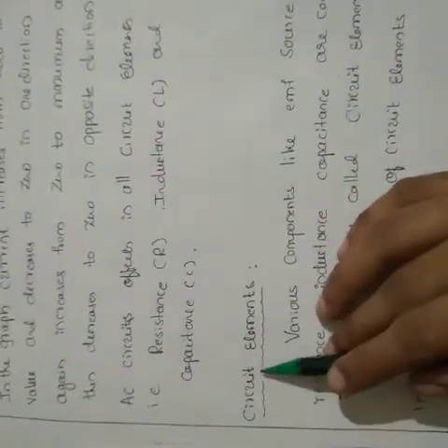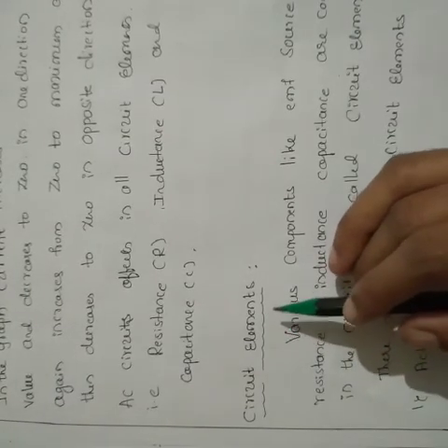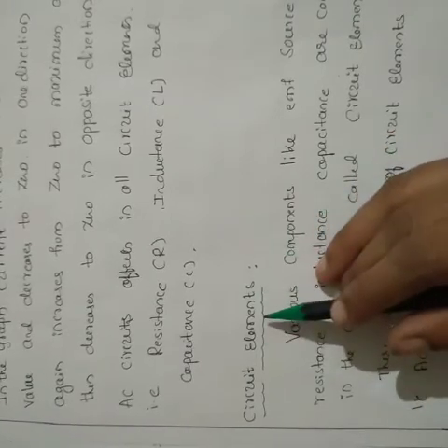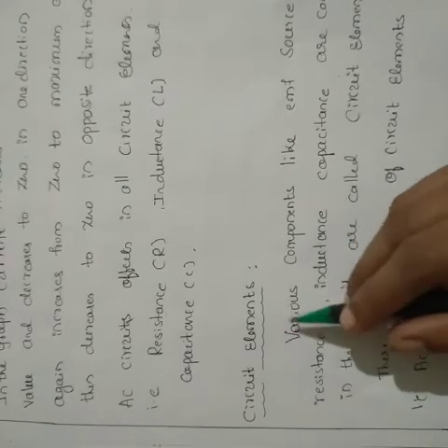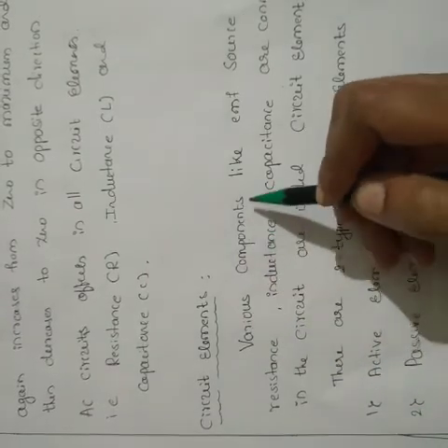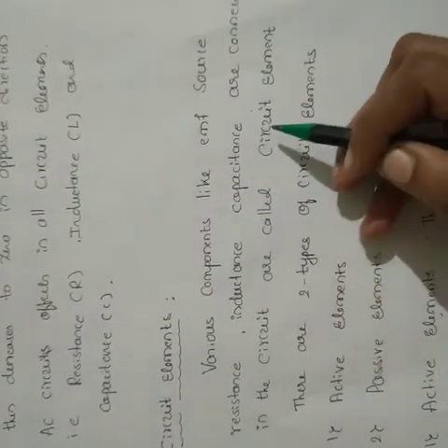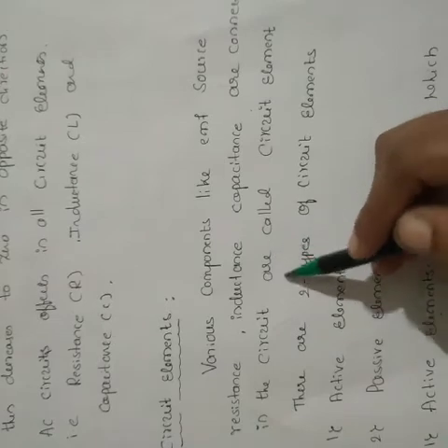Next concept, circuit elements. Resistance, inductance, capacitance, current source and voltage source are called circuit elements. These make up one simple electric circuit. By definition, various components like EMF source, resistance, inductance and capacitance connected in a circuit are called circuit elements.